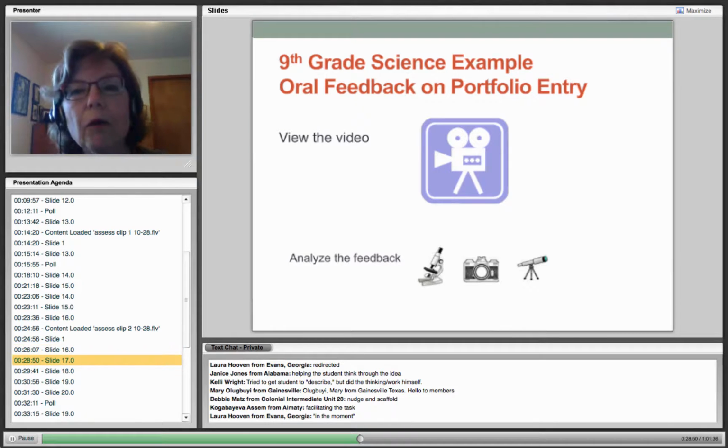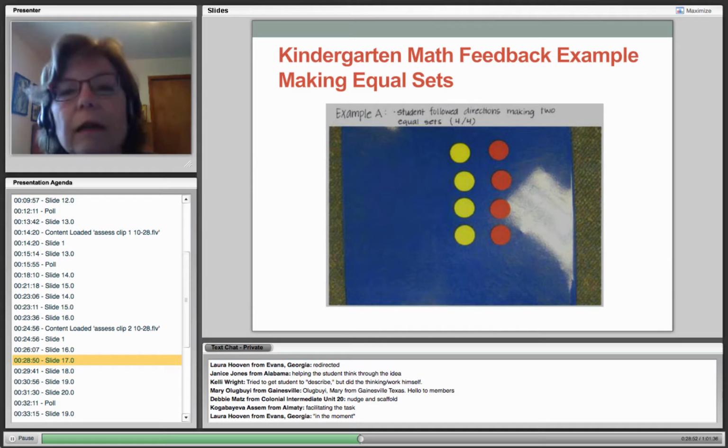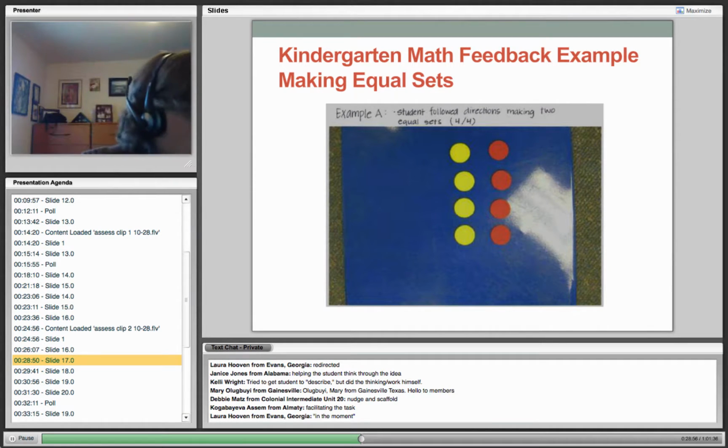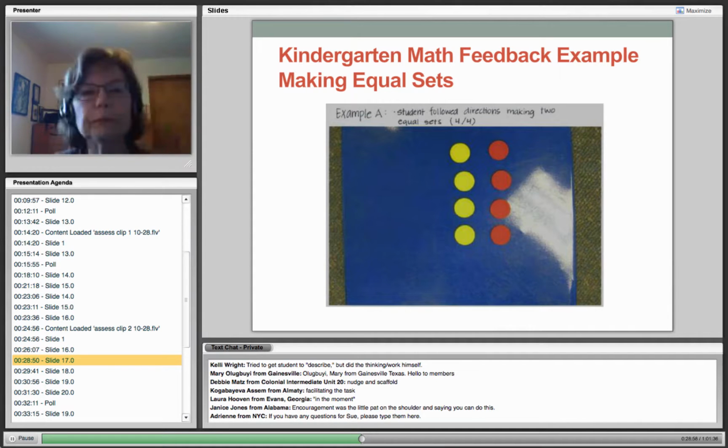Okay, now I have an extended example here of several students from a kindergarten, and the goal was that students will make equal sets.